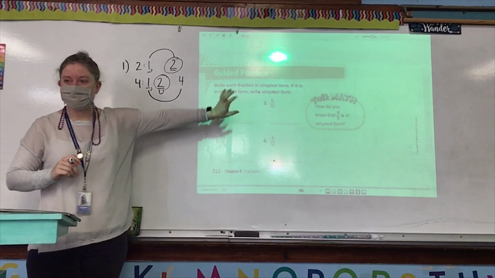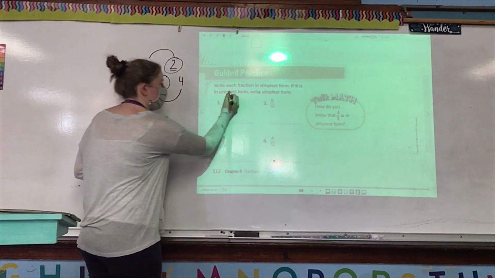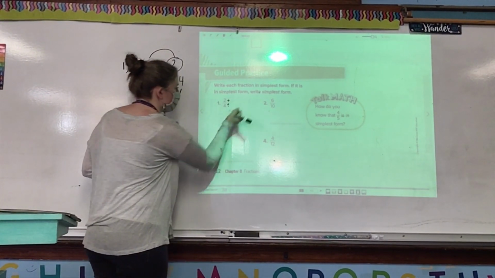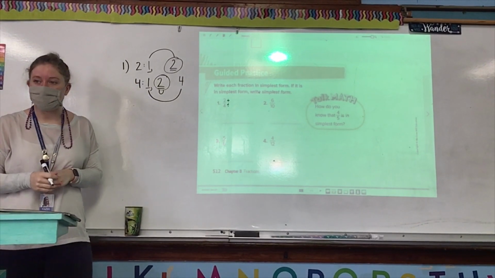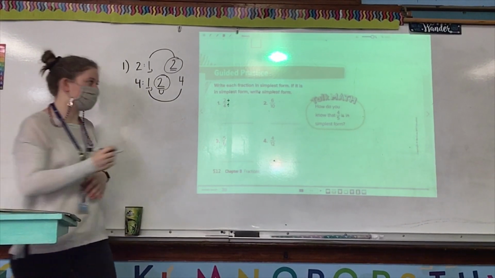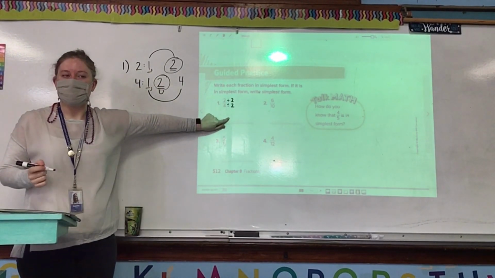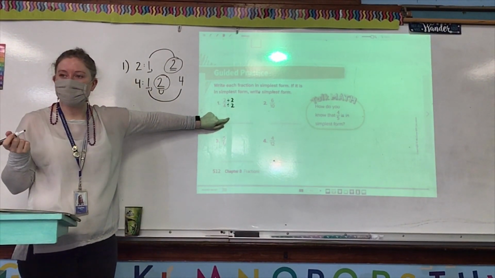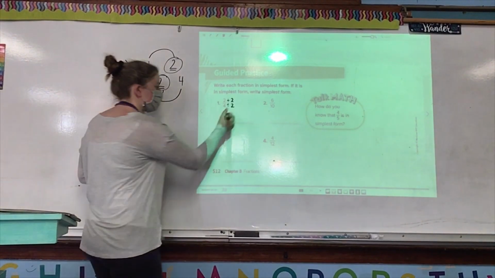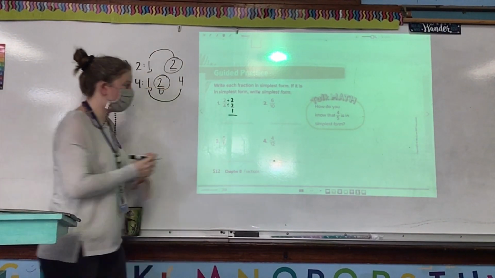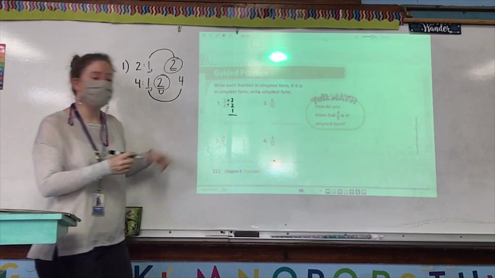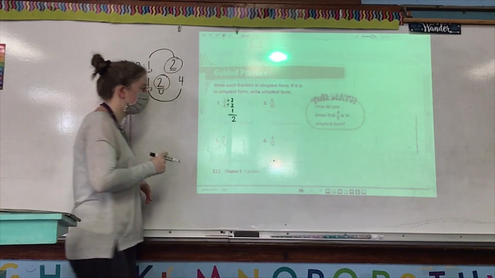So now I can move back to here, and I'm going to divide my numerator and my denominator each by the greatest common factor, which is 2. Now I can just write my answer down here. Cullen, 2 divided by 2 is 1, so there's our new numerator. 4 divided by 2 is 2, so there's our new denominator.